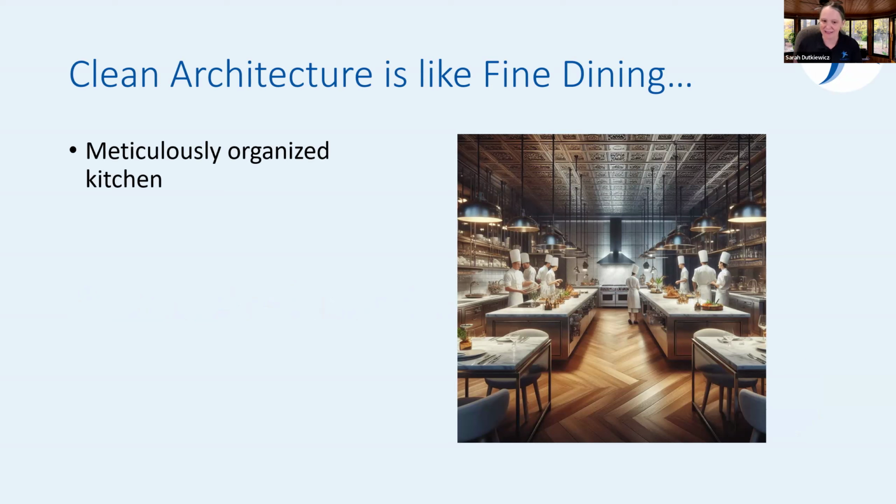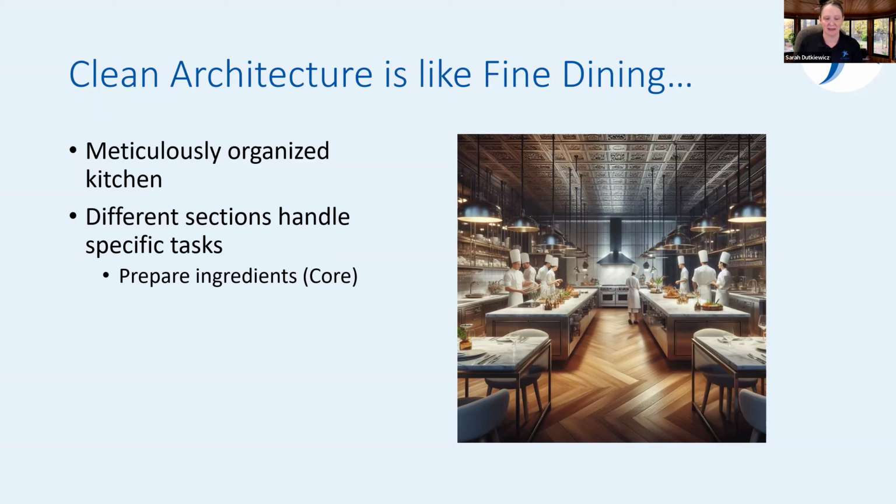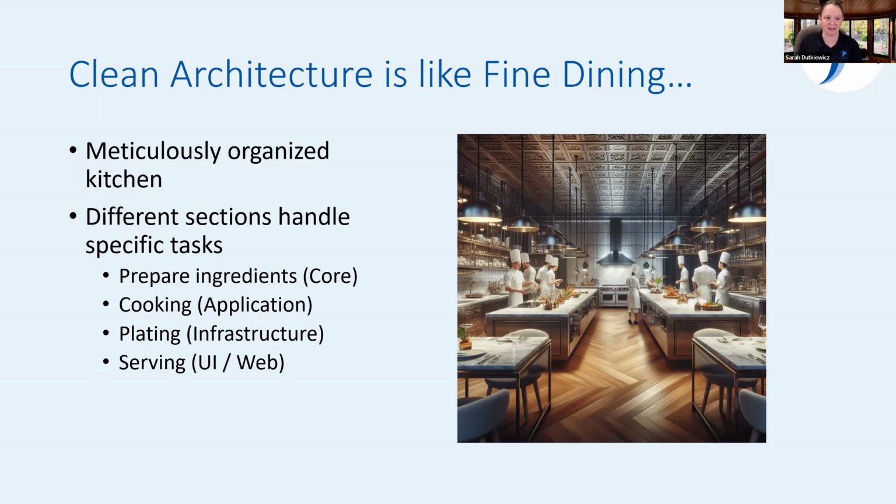They're very defined. In a fine dining kitchen, they're very defined sections for very defined tasks. So you might have an area where they're doing prep work. That's like the core in clean architecture. Maybe you have somebody else who's doing cooking. It's similar to possibly the application layer of clean architecture. Maybe we've got some plating going on. We've got some infrastructure in clean architecture.